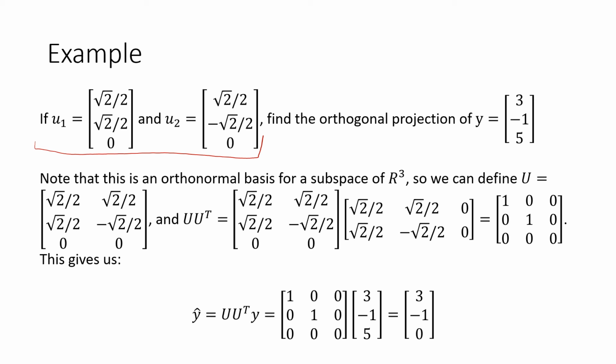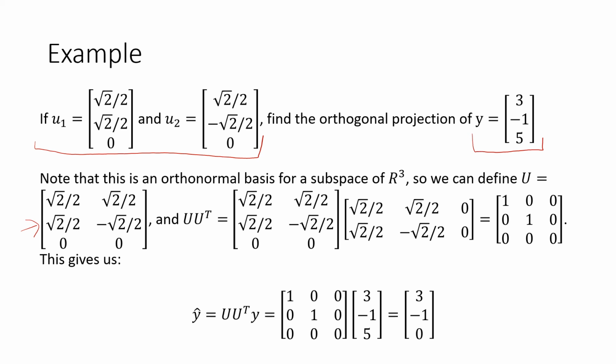The length of each of those vectors is 1, and they are orthogonal to each other. So now find the orthogonal projection of this vector. And what is that? Well, you create the matrix U, where the columns of U are the basis vectors.